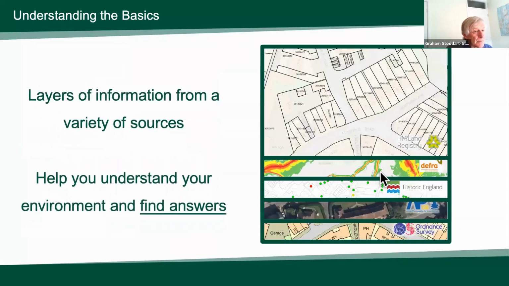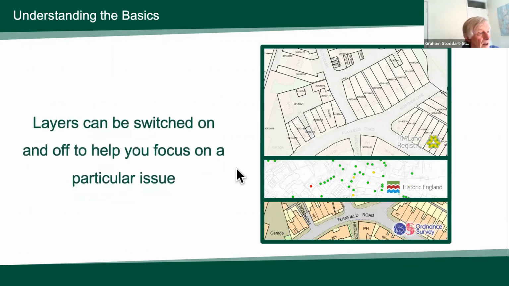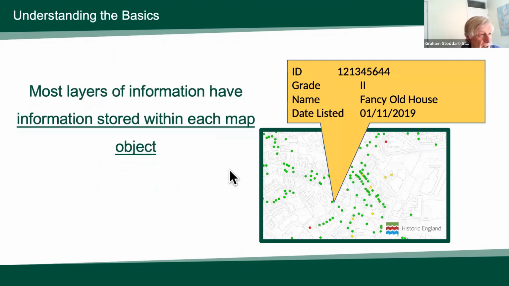So, sources come from all over the place. We were showing you earlier, all those layers of information are the sources of data. And when you put them together, they give you a much better picture of what's going on around you. So you can switch the layers in and out, on and off, as you wish to get the particular focus that you're looking for. And again, we're going to cover all this shortly afterwards.